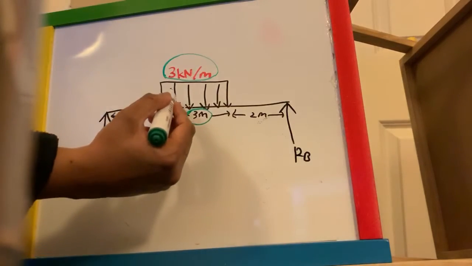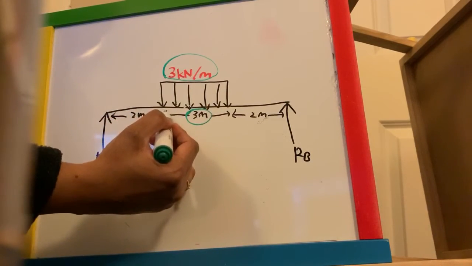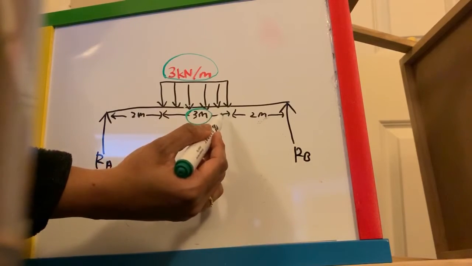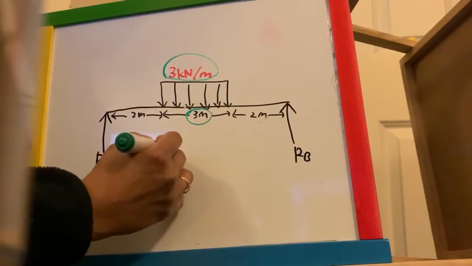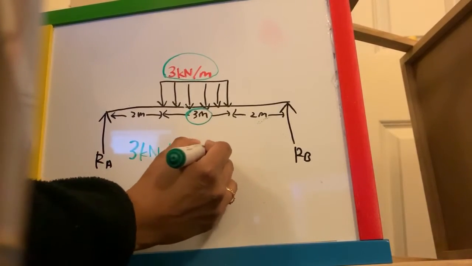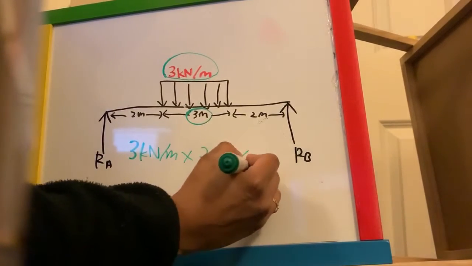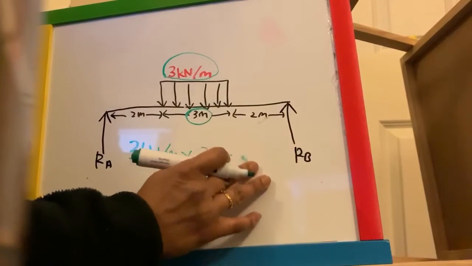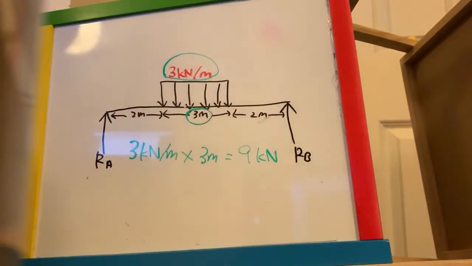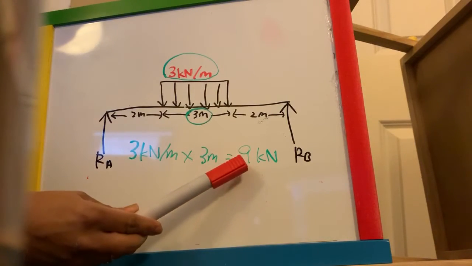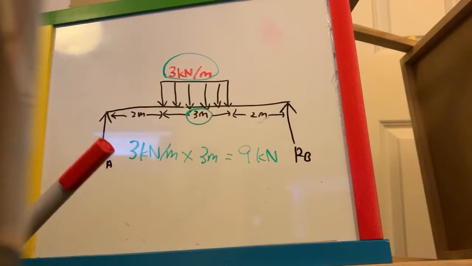Over here, it covers 3 meters. So 3 kilonewton per meter multiplied by 3 meters will give you 9 kilonewton of force.